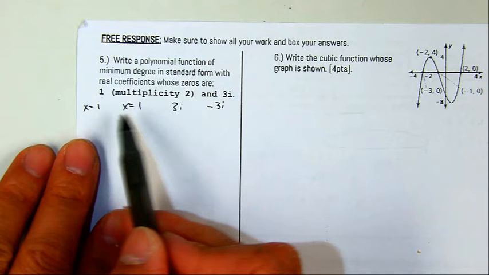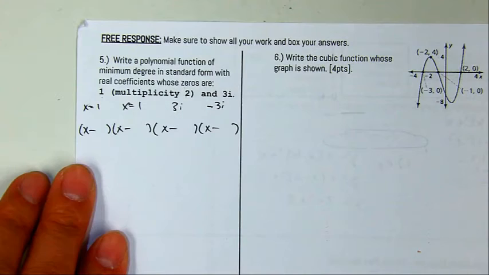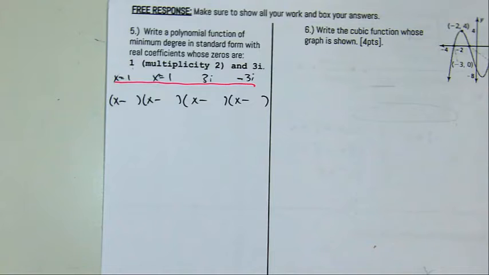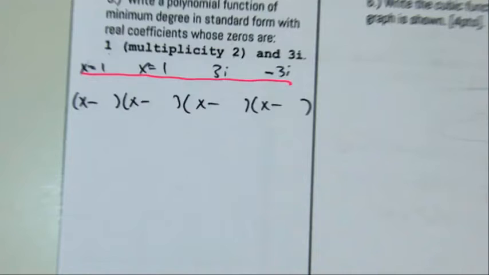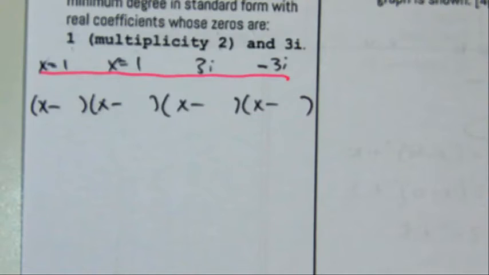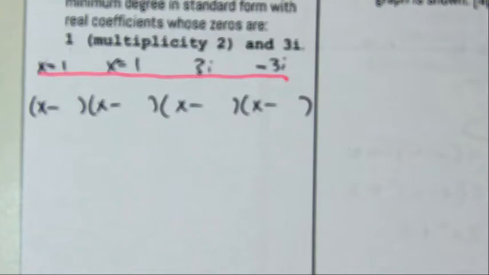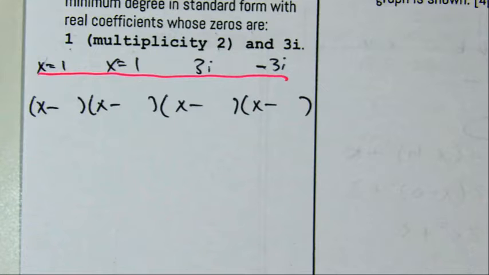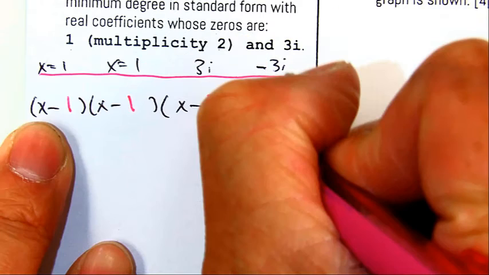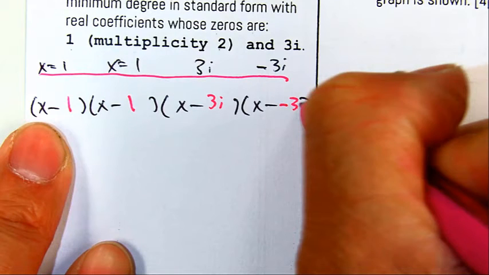Let's go ahead and put that in. And then I'm just going to put in all of these numbers right here. Let's see if we can zoom in more. So I'm going to put in there 1, 3i, and negative 3i.